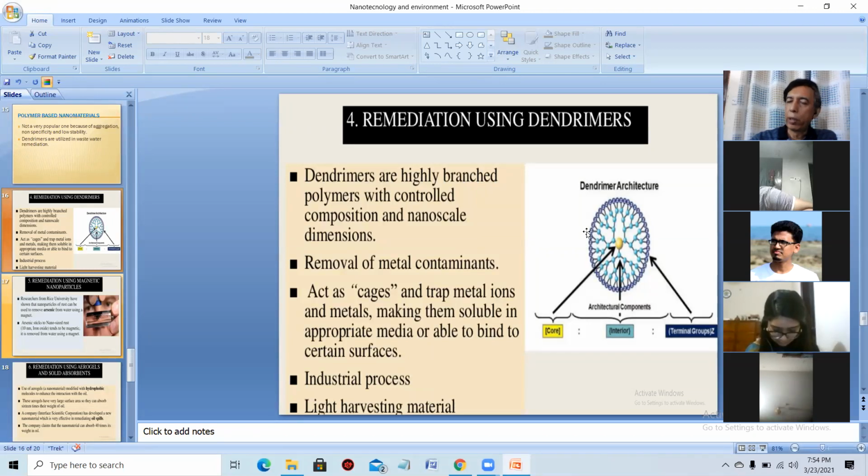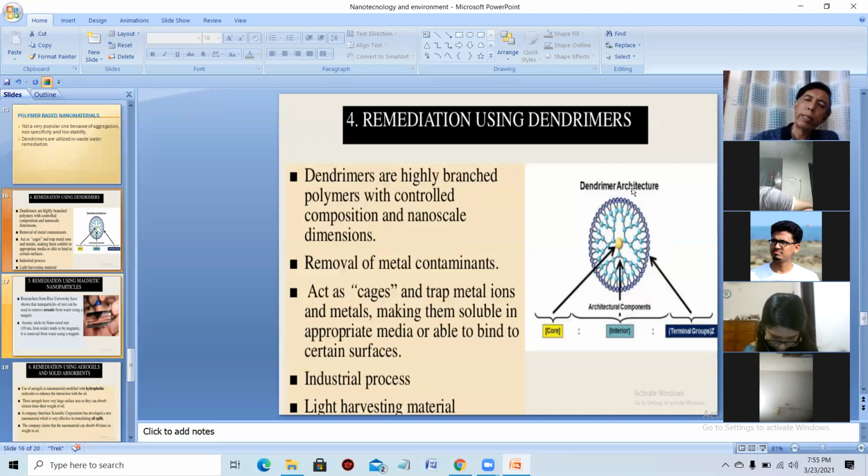The NH2 group can donate a lone pair of electrons to the heavy metals, and it can connect the heavy metal outside at its periphery, or it can trap a heavy metal inside it.